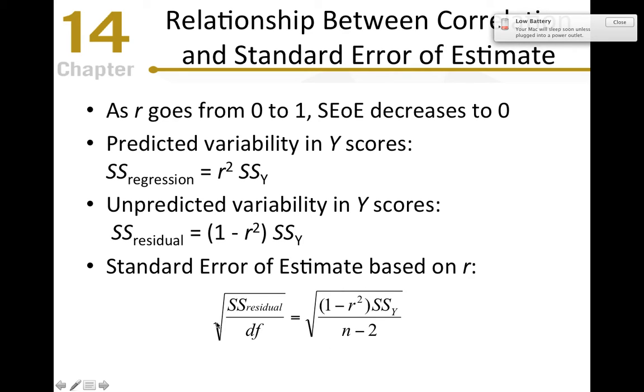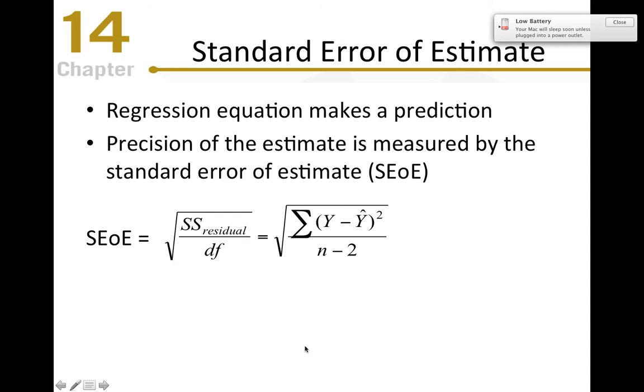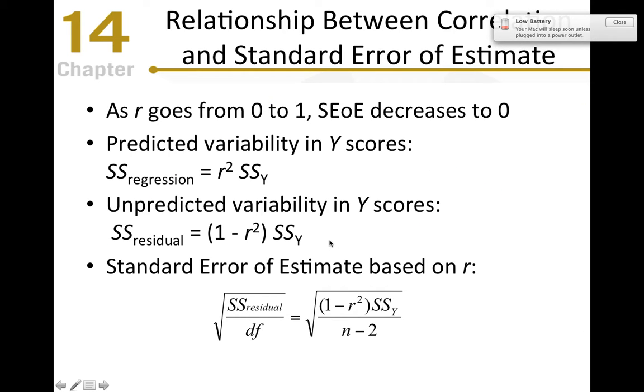Basically we would just use the equation for the sum of squares for the residual, what's not accounted for by the equation, divided by the degrees of freedom n minus 2, take the square root of that. And so you can use either this equation right here or this one up here. This one tends to be a bit more tedious, but you have to know the background to get to this one.